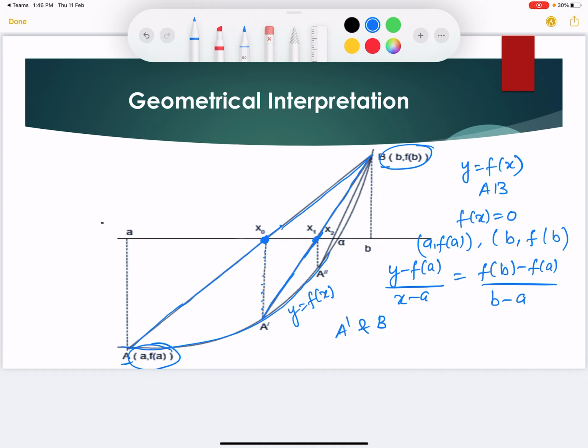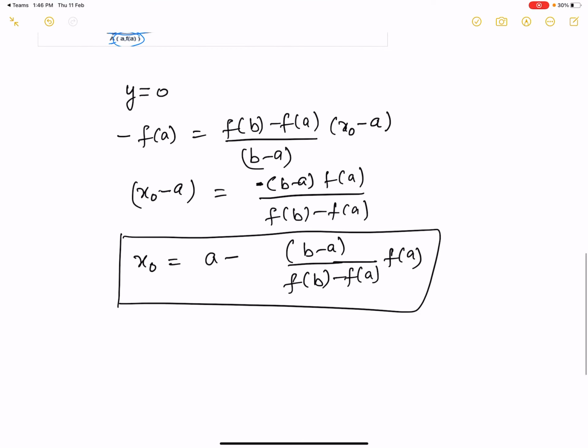When we keep on repeating this procedure, after a number of iterations, when at each iteration the value keeps on repeating, this will give us the answer.